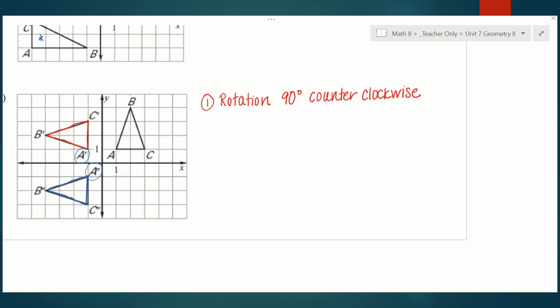This is how you can tell if it was a reflection versus a translation. Because it's a mirror image, we say reflection, and then we say over, in this case, the x-axis.